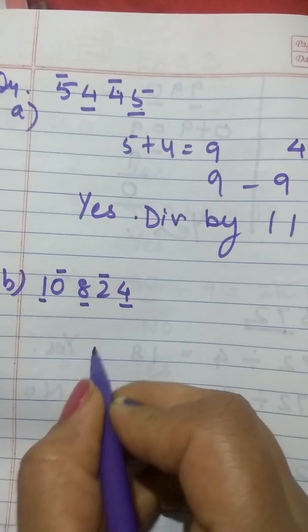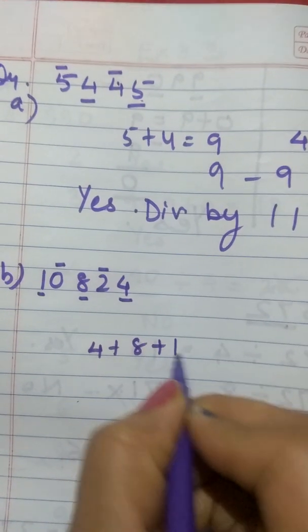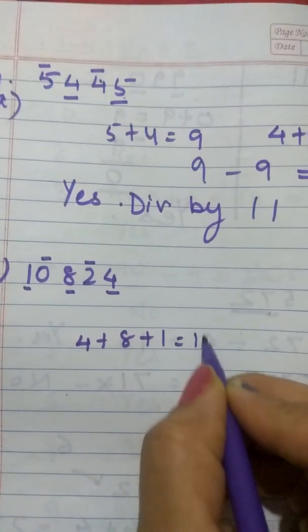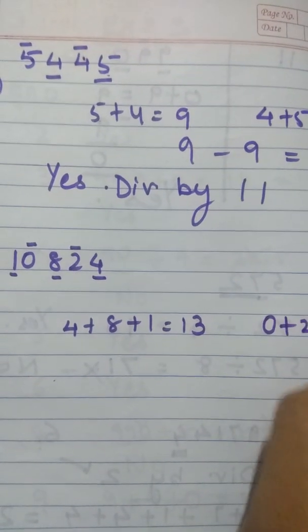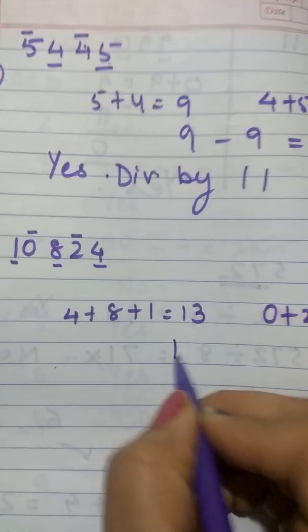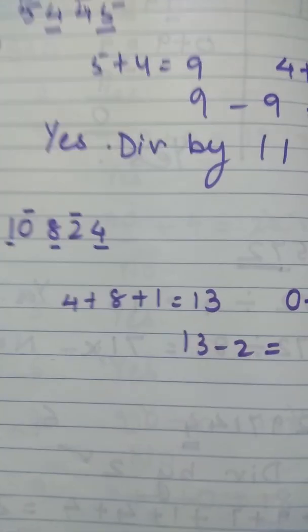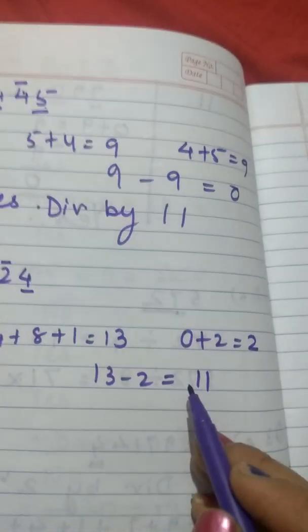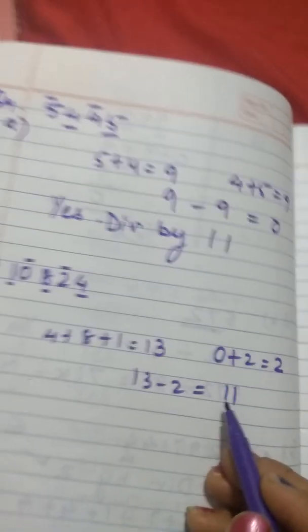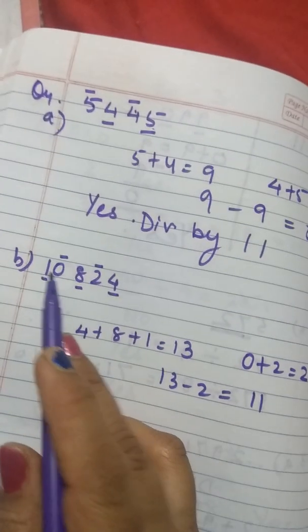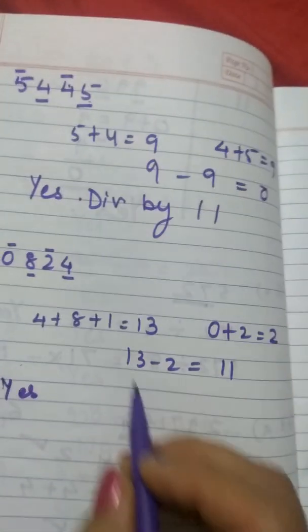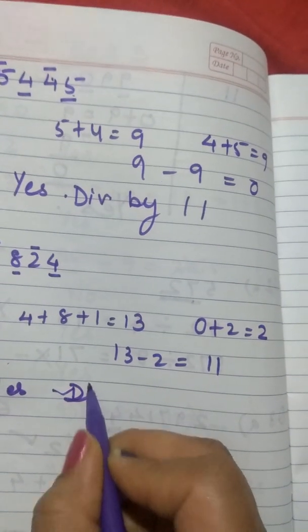This will be 4 plus 8 plus 1, which is 13, and here it is 0 plus 2, which is 2. So 13 minus 2 is 11, and 11 is divisible by 11, or 11 is the multiple. So yes, this number 10824 is divisible by 11.